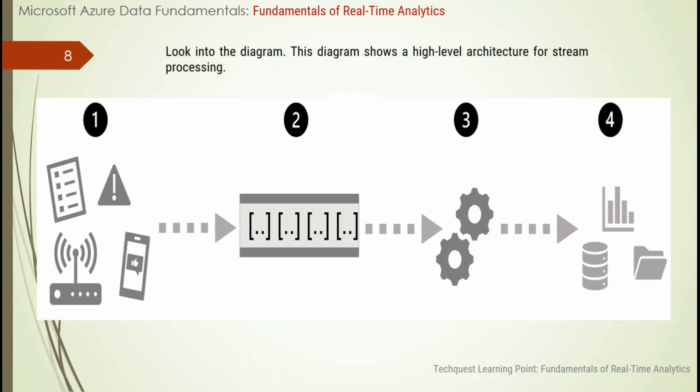2. The generated data is captured in a streaming source for processing. In simple cases, the source may be a folder in a cloud data store or a table in a database. In more robust streaming solutions, the source may be a queue that encapsulates logic to ensure that event data is processed in order and that each event is processed only once. 3.